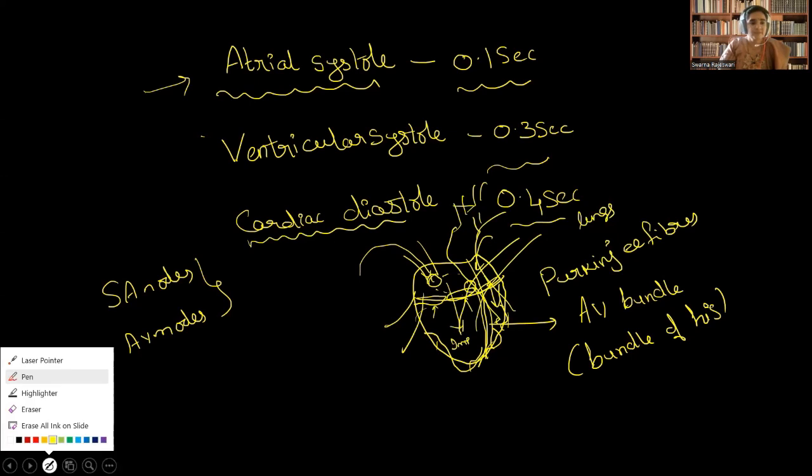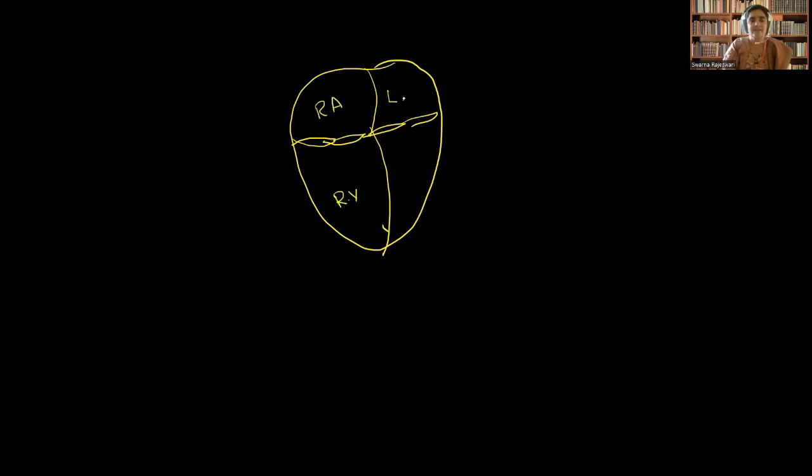Here, when I am discussing, I am saying that this is the right auricle, this is the right ventricle, this is the left auricle, and this is the left ventricle.